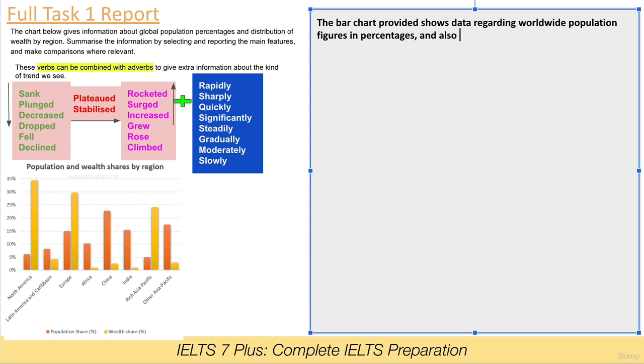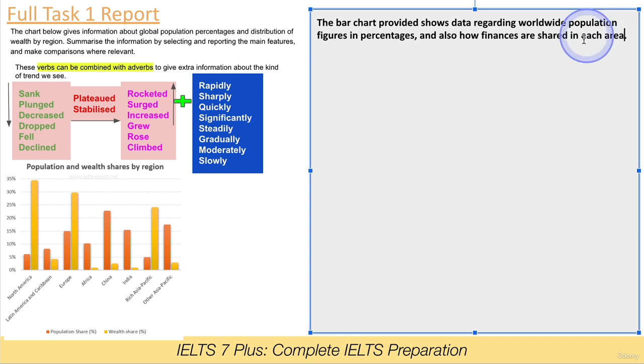And also how financially successful each area is, how wealthy, well, actually the distribution of wealth, and also how finances are shared in each area.